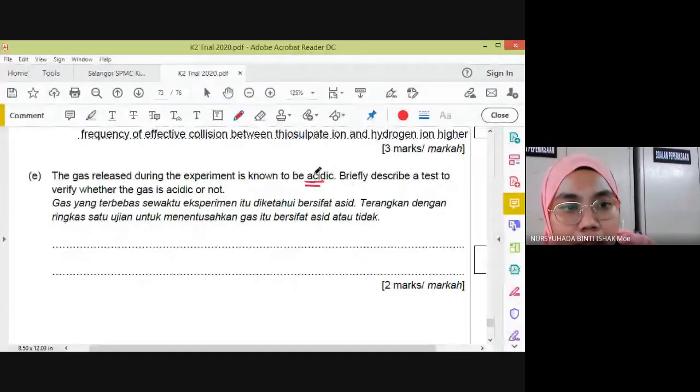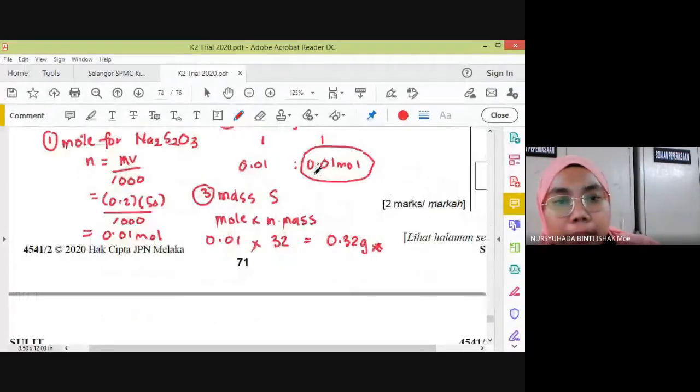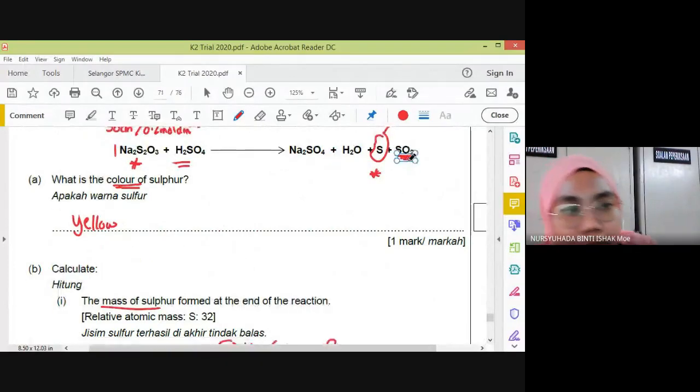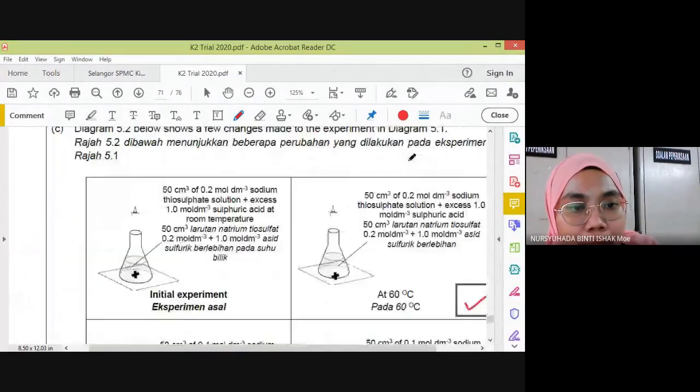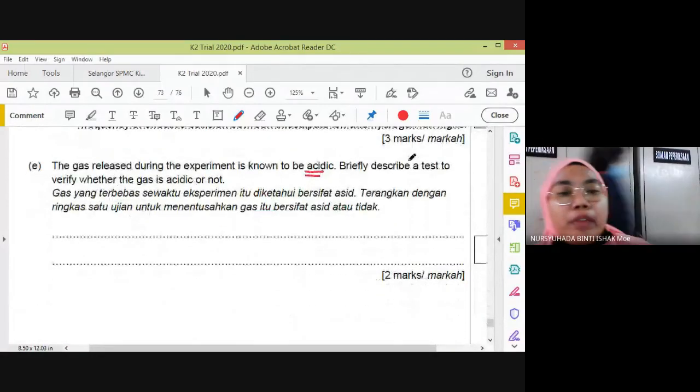Gas apa yang release tadi yang bersifat acidic berdasarkan equation atas ni? Apa nama SO2 gas ni? Sulfur dioxide. Dia bersifat acidic.